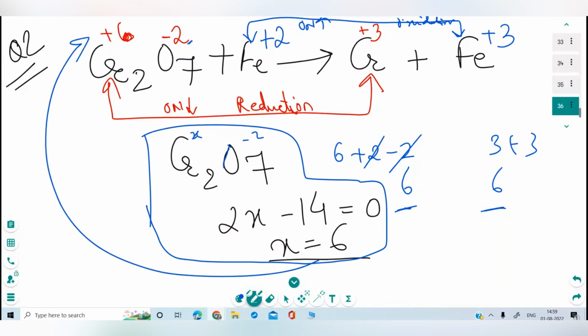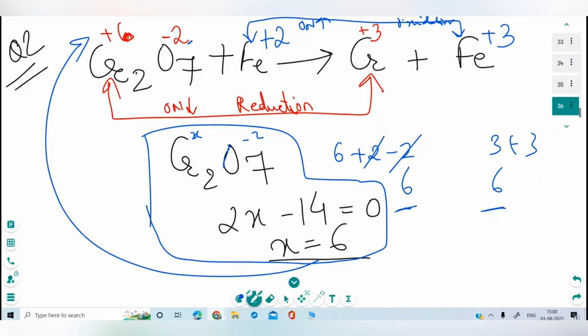But why is it not 7? Oxidation state maximum is 6 only. Why is it not 7? It can't be 7, no? In all these classes, we were trying to learn how to take out the oxidation number for these reasons. Otherwise, chromium belongs to which group?